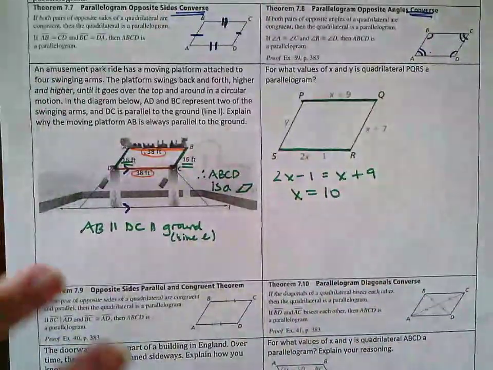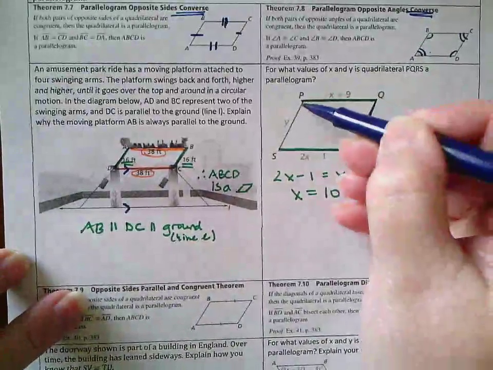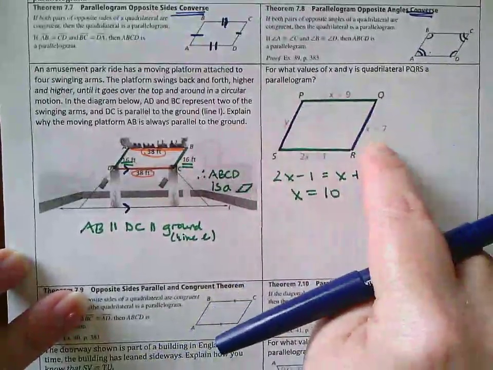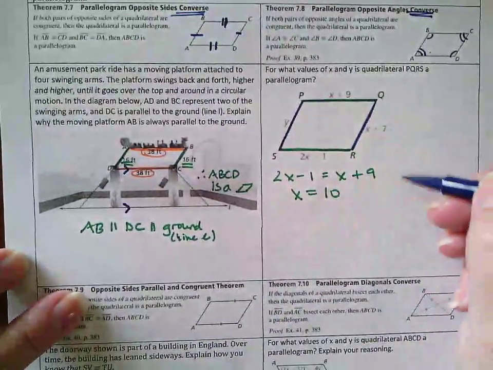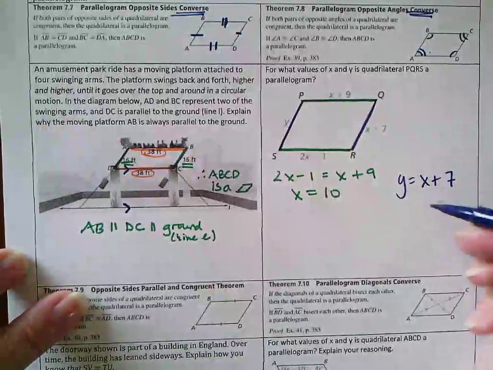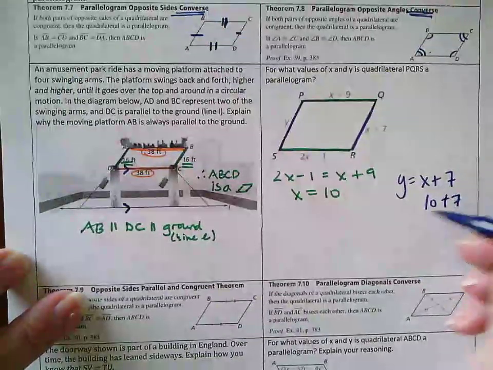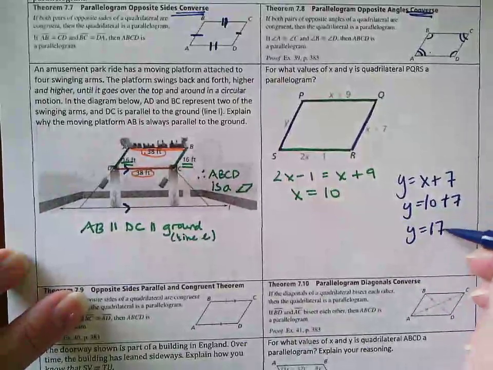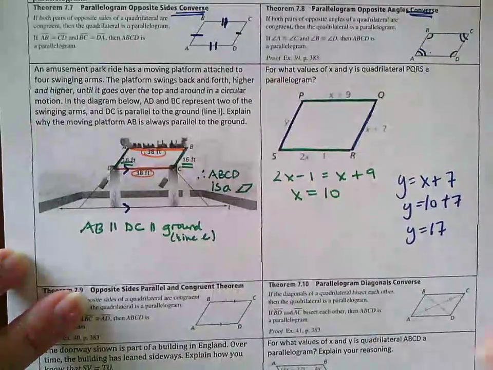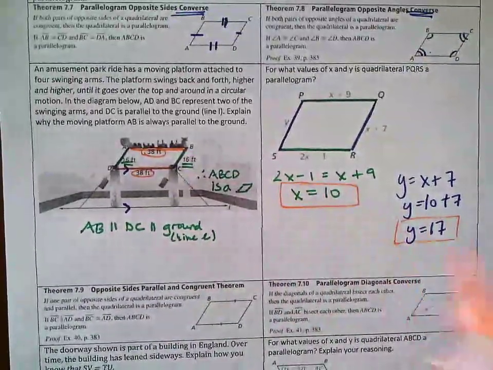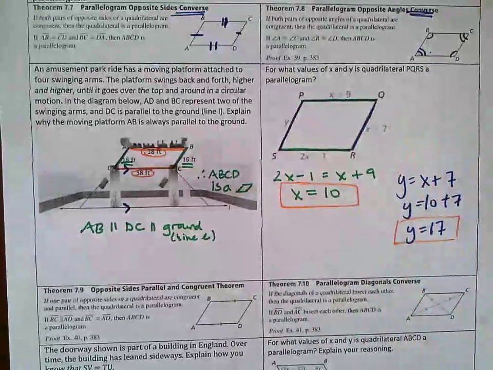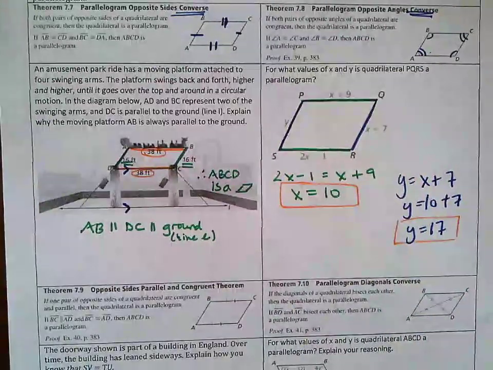I'm going to use that because for the opposite sides, y equals x plus 7. I know x is 10 because I already solved for it, so y is equal to 17. When this is true, this is a parallelogram. If the number's off at all, it's not a parallelogram.